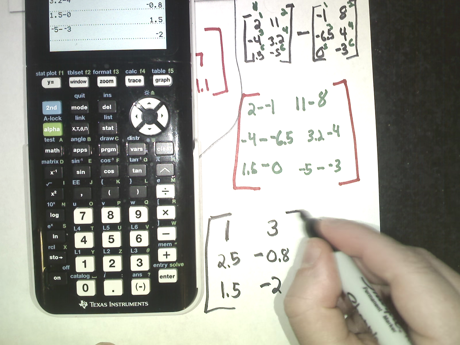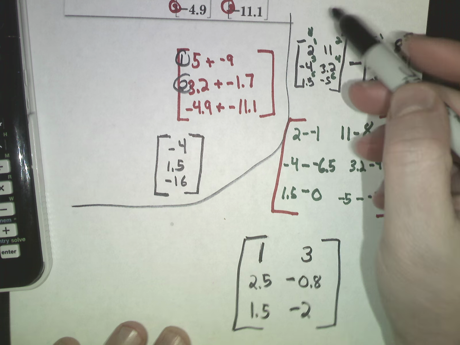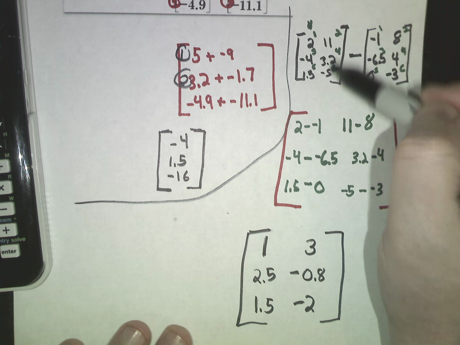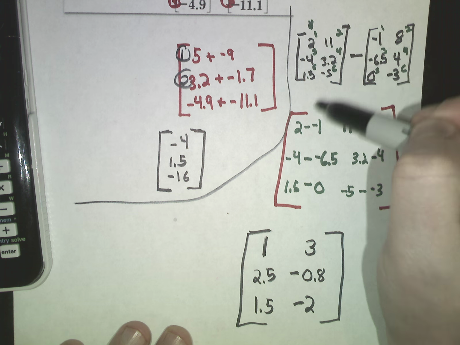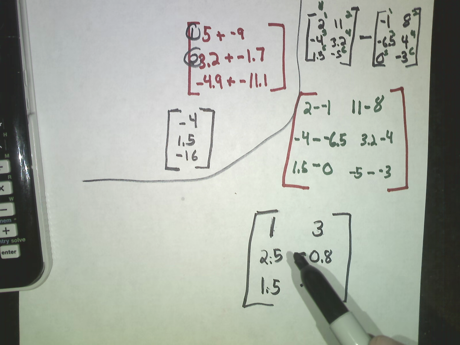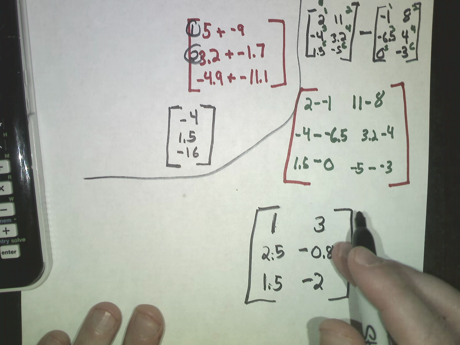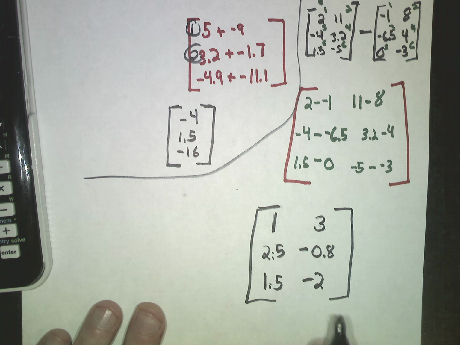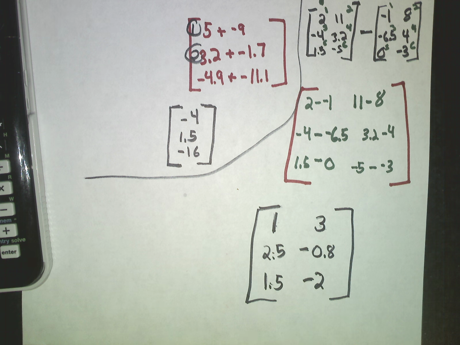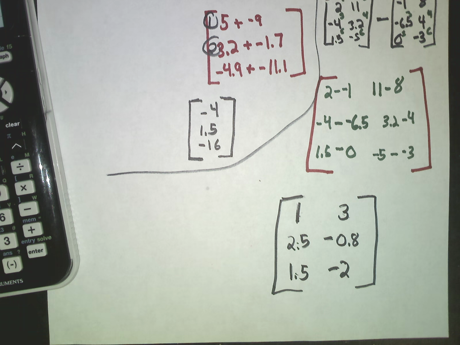So my answer to that problem is this. Now you'll notice I started with a 2 by 3 matrix, and I finished with a 2 by 3 matrix. And that always occurs when you do this addition. When you add matrices, you add the same ones. Okay, so that was lesson 1. Next thing we're going to look at is how to multiply matrices or multiply something by a matrix. Okay, I'll talk to you in a second.